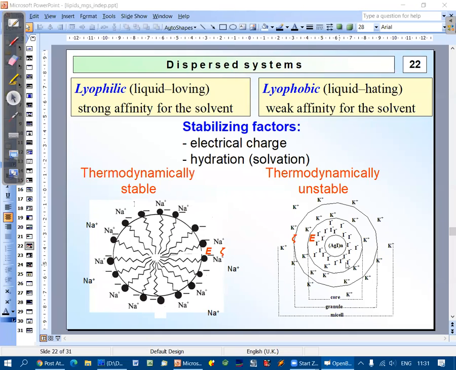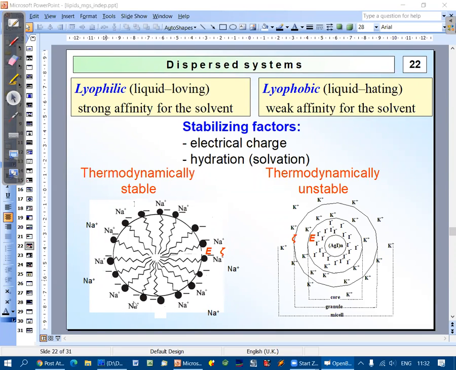In case of inorganic micelle, we had to add an excess of electrolyte to stabilize the system. Here we don't need it because these nonpolar tails are attached, it's just a covalent bond between carboxylic group and nonpolar tail. So this layer of potential determining ions is formed automatically as soon as these nonpolar tails combine, forming the inner part of micelle.